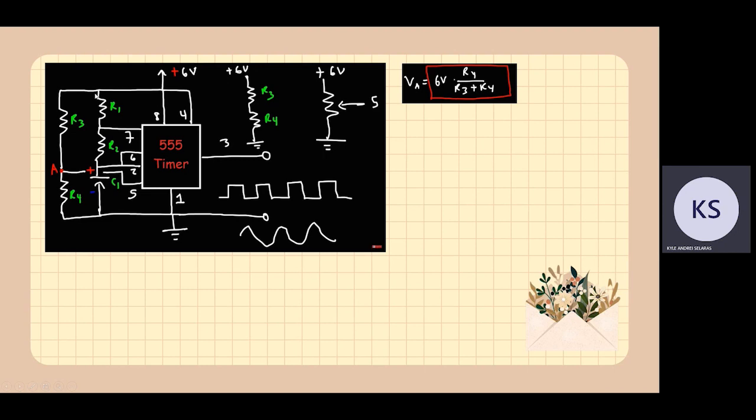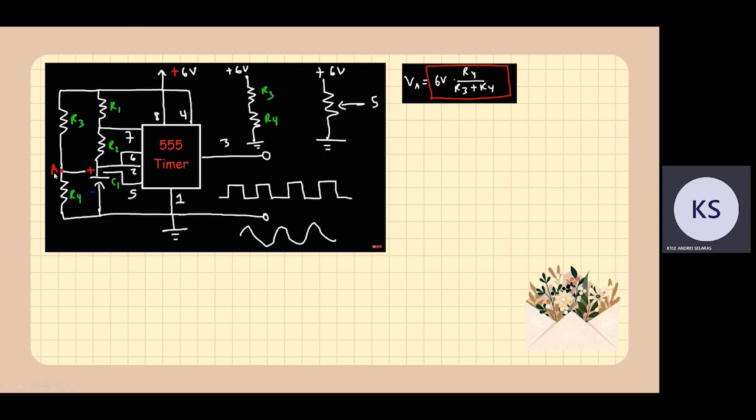Before we used R1 and R2 for the 555 timer, now we will add R3 and R4 for our voltage at point A. We have a VCC of 6 volts, so we have VCC times R4 over R3 plus R4 to get the formula for the voltage at point A, which is our voltage controlled oscillator.